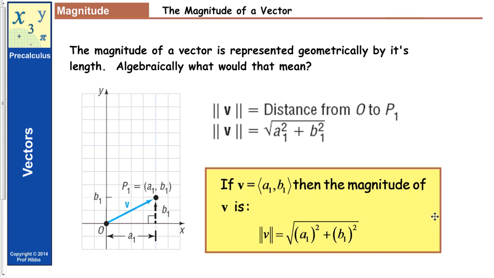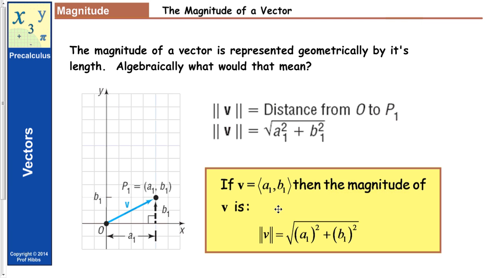What I want you to remember is that we can think of this vector V, as we lay it out geometrically, as the hypotenuse of a right triangle with these legs, and so we should be able to figure out its length.